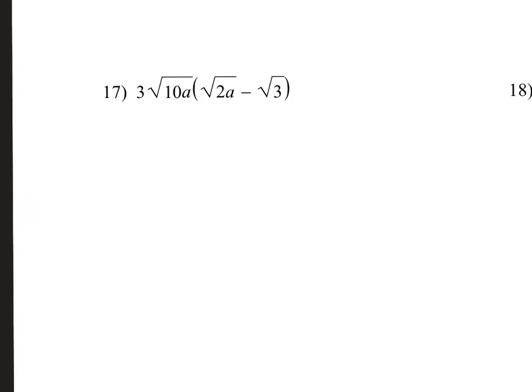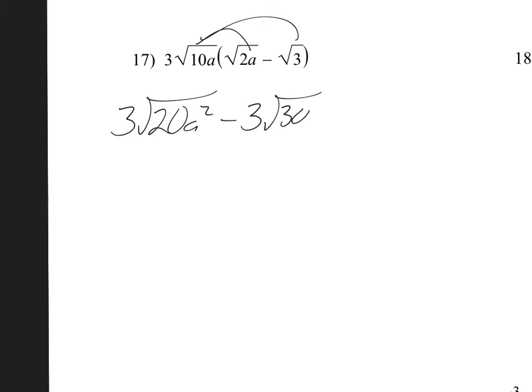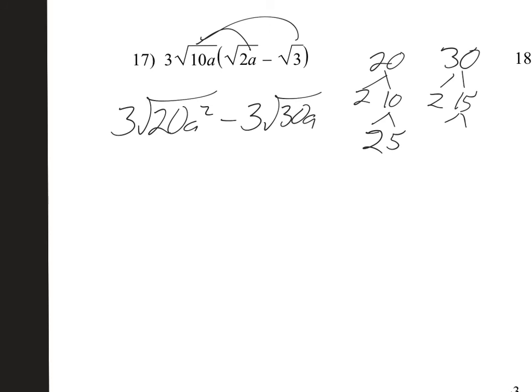Okay, next one. 3 radical 2 times 10 is 20a squared minus 3 radical 30a. Okay, so 20, that's 2 and 10, 2 and 5. 30, that's 2 and 15, and then 3 and 5.